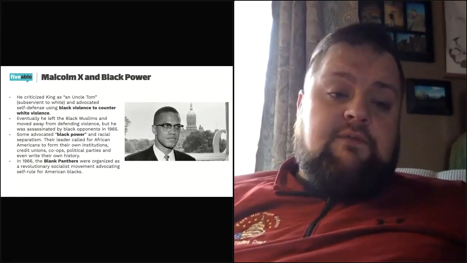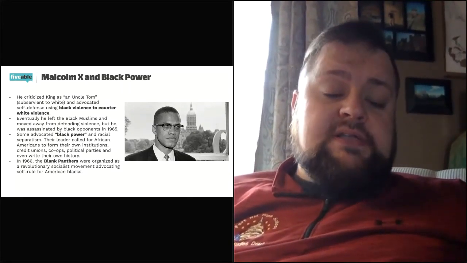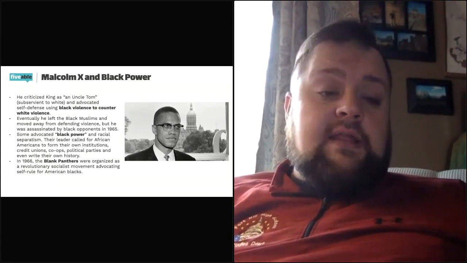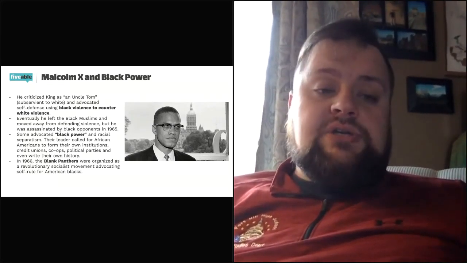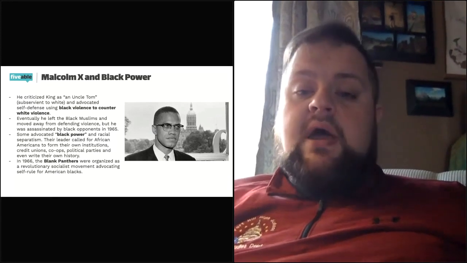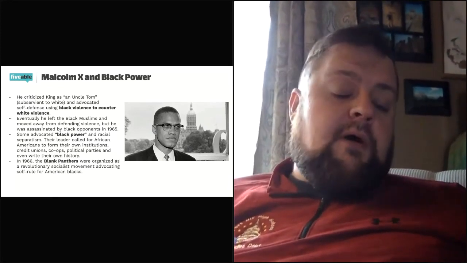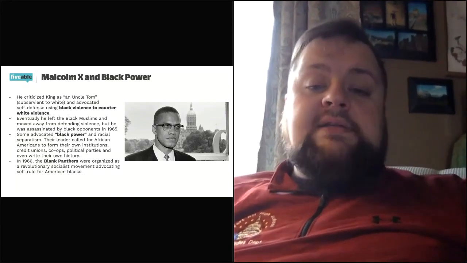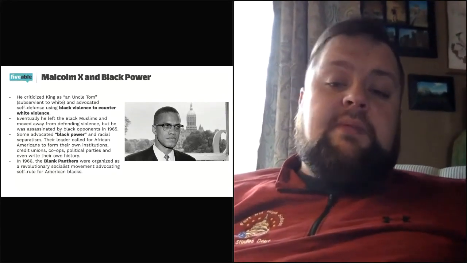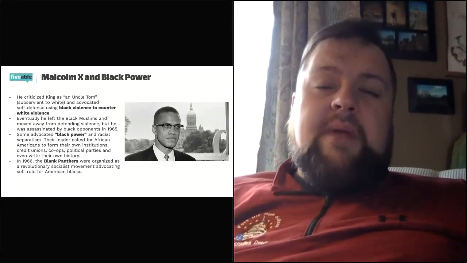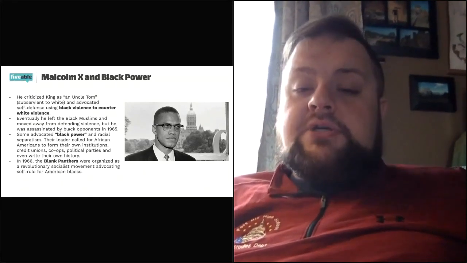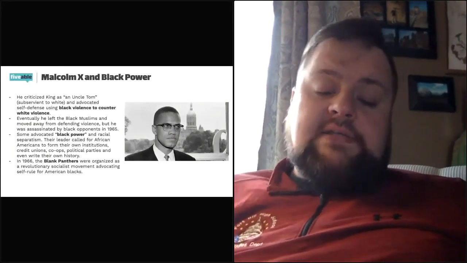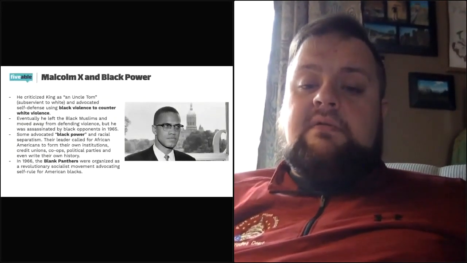Some advocated for Black Power, which was extreme separatism, where they basically said, forget the whites, let's just have all of our own institutions, our own banks, our own stores, our own political parties, write our own history, all that. And you also get the rise after the death of Malcolm X of the Black Panthers, who basically were like a revolutionary socialist movement advocating for self-rule of blacks. Okay, and so that's the opposite side of the civil rights movement.